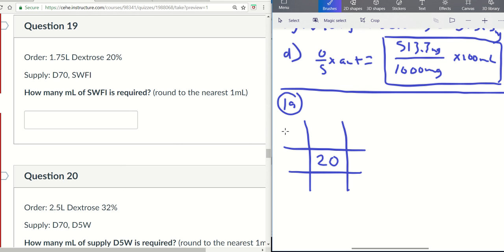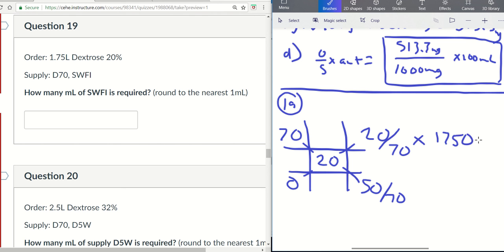We got supply, which is 70, and water, which is 0. The difference here is 50. The difference here is 20. I got 20 parts and 50 parts for a total of 70. And our final volume is 1,750 mLs.